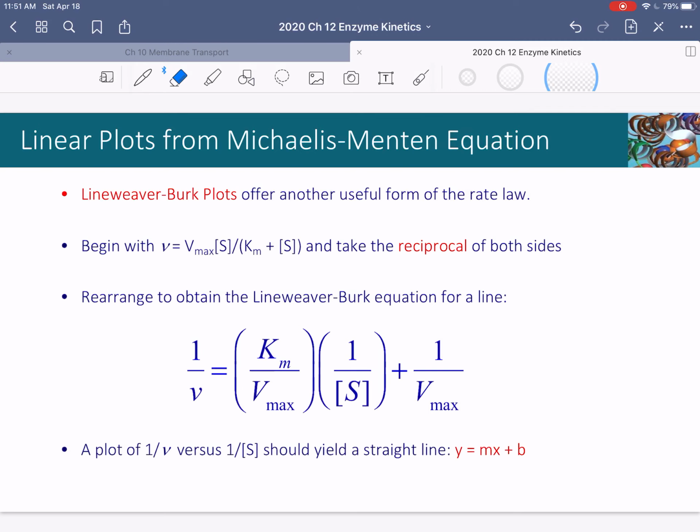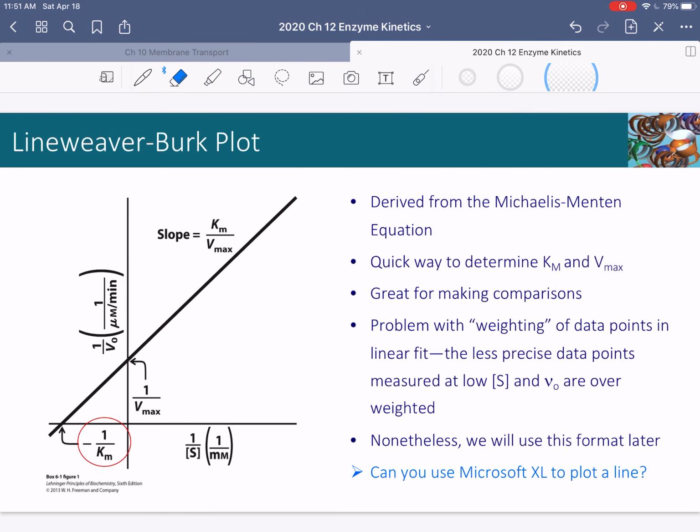So I just wanted to show you that again, and remind you that what we're going to be looking at is the reciprocal of the initial velocity on the y-axis, or the reciprocal of the substrate concentration on the x-axis, and then the very handy intercepts, right? So now we're going to be looking at 1 over Vmax changing, 1 over Km changing, or the slope changing, or not, right?